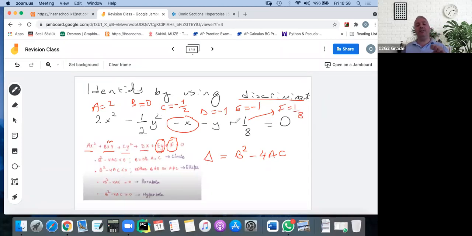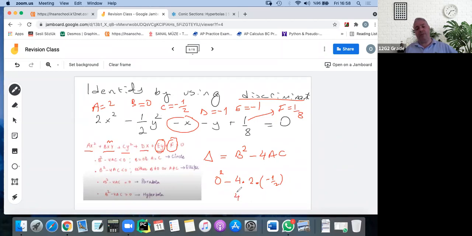Now, after identifying what a, b, c, d, e, f are, the job is calculating the discriminant. So b squared, which is 0 squared, minus 4 times a, a is 2, times c. What is c? Negative 1 over 2. And this will be negative, positive. 4 times 2 is 8, 8 over 2 is 4.